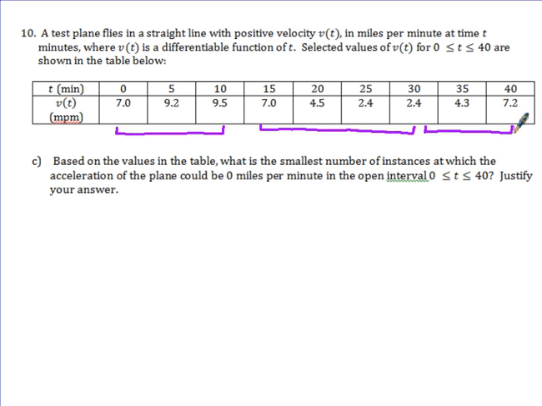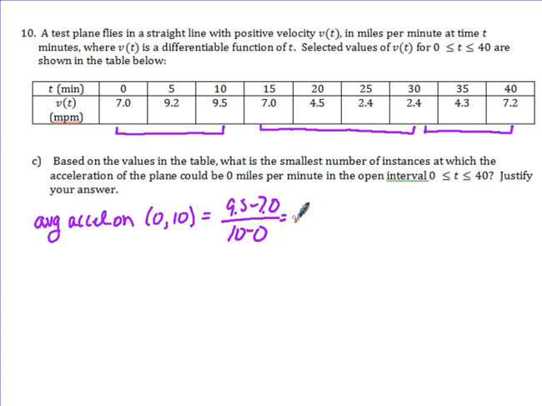And so to save us a little work, we can find average acceleration on the interval 0 to 10, which would be 9.5 minus 7.0 over 10 minus 0, 2.5 over 10. And again, you could reduce, we can leave it like that. All that matters here is that we've ended up with a positive acceleration.